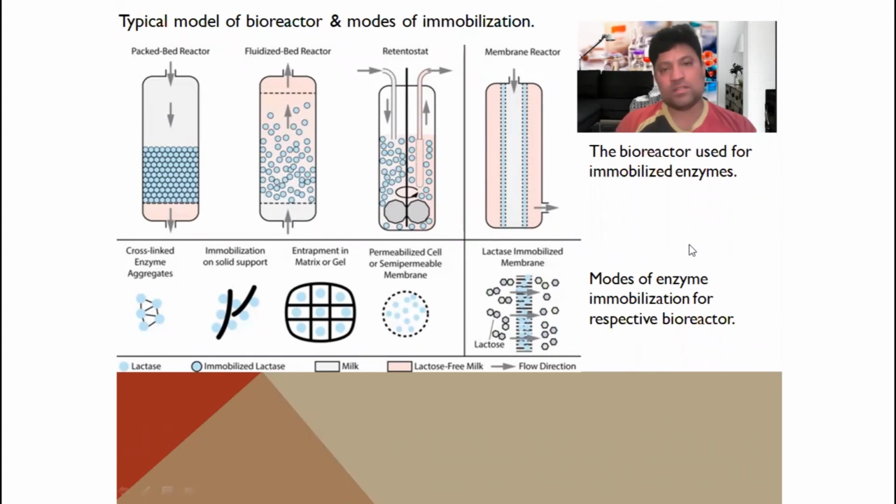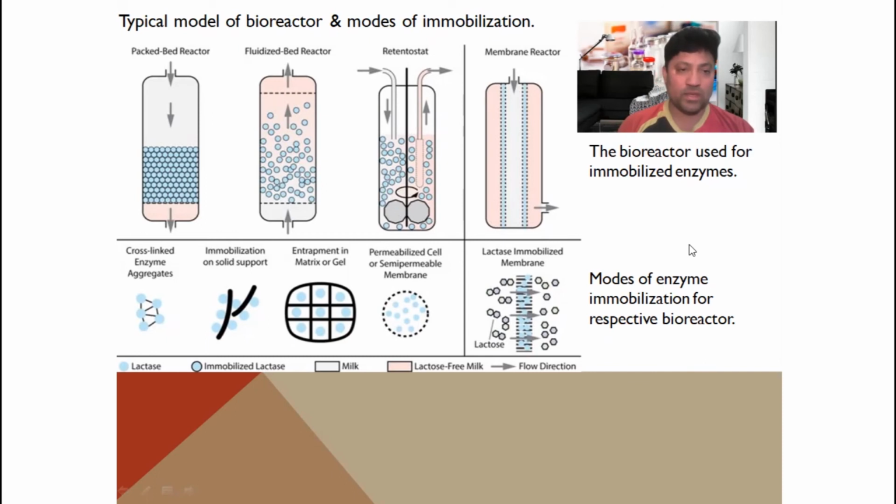The bioreactors are of four main types. The first one is the packed bed reactor, then fluidized bed reactor, then retentive state, and the fourth one is the membrane reactors.